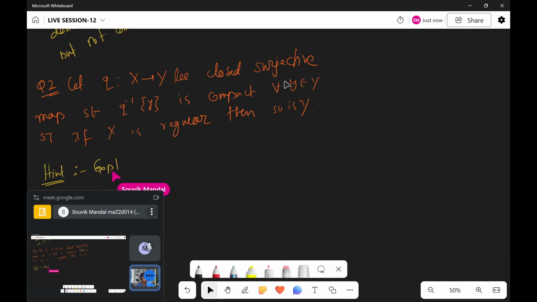That is the only hint, there is nothing extra to give. What does regularity mean? A regular space means that if you take any closed set and any point not inside that set, there are two disjoint open sets containing that point and containing that closed set. This is what we mean by regular spaces, right?